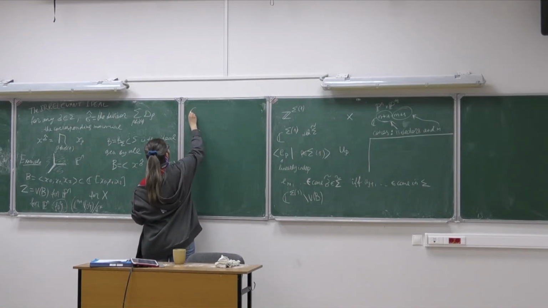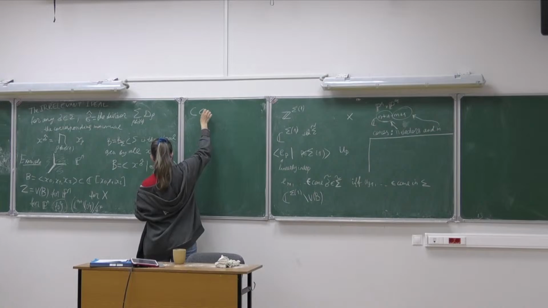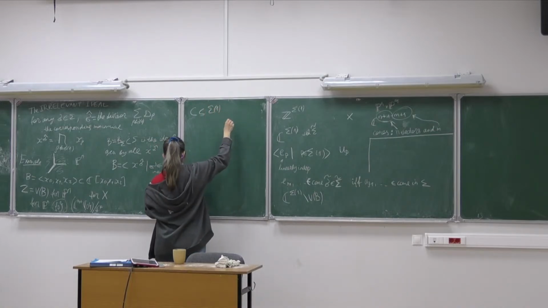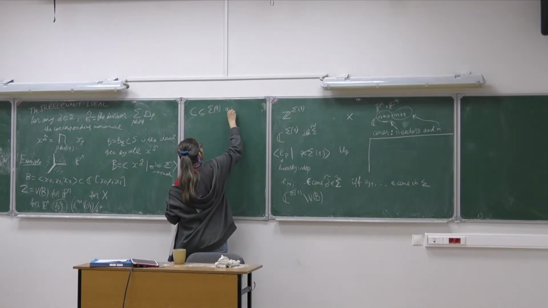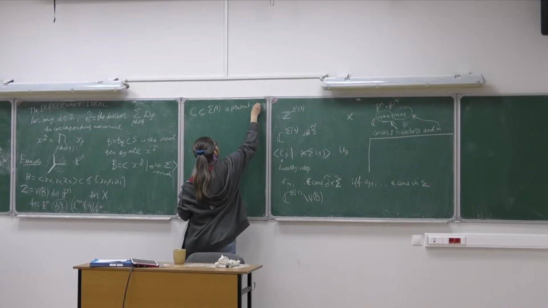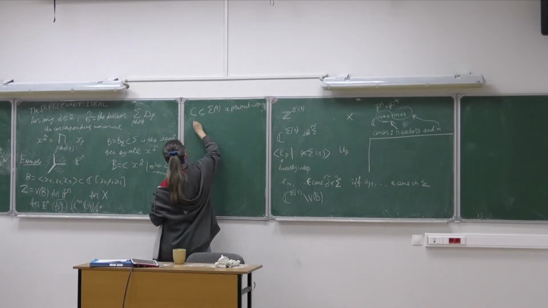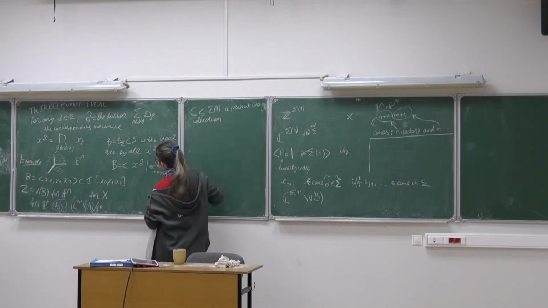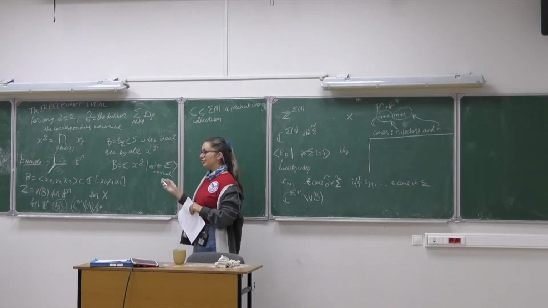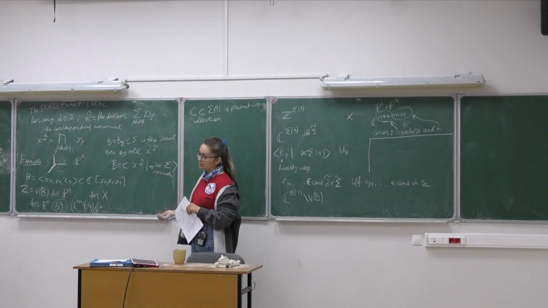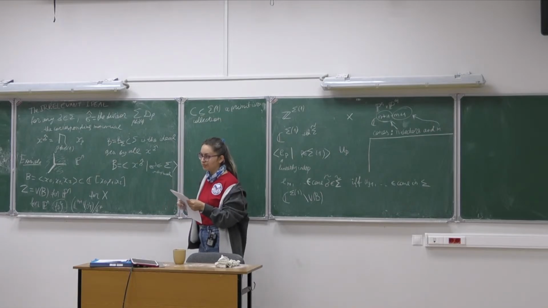So we say that C in sigma 1 is called a primitive collection. This will be the set of labels which stand for some subspace which we throw out.